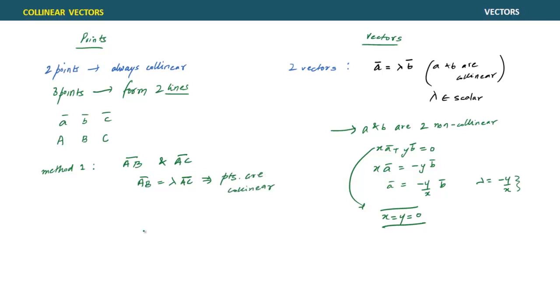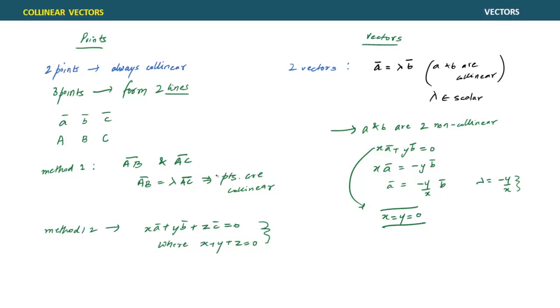The other method that you can also apply here, without doing this particular activity, is that if you can express it as xA plus yB plus zC is equal to 0, where x plus y plus z is equal to 0, then also I can immediately say that A, B and C are collinear points.